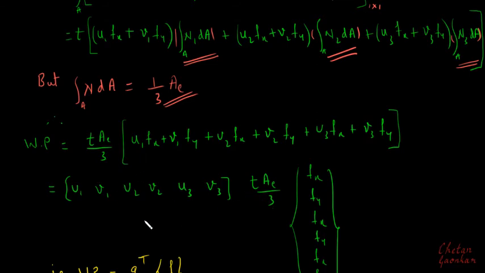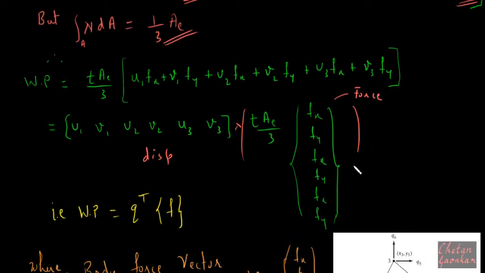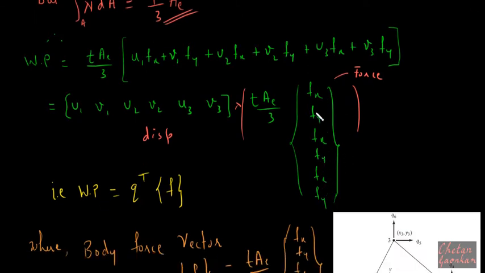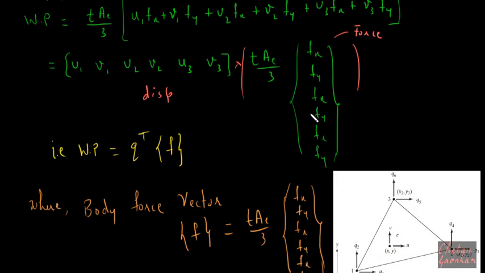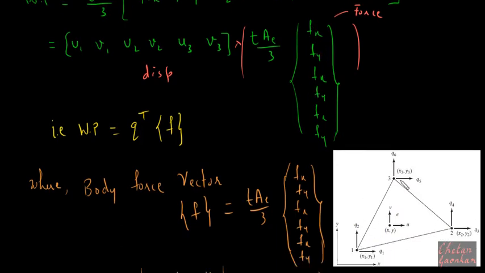as the displacements multiplied by these terms, which are nothing but the forces. These terms are the force terms. Now if you look here carefully, I have here six terms, 1 2 3 4 5 6, and these six terms are nothing but the force terms at the three nodes, at node 1, node 2 and node 3.